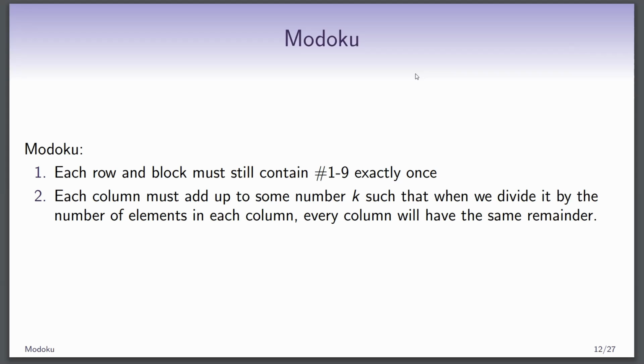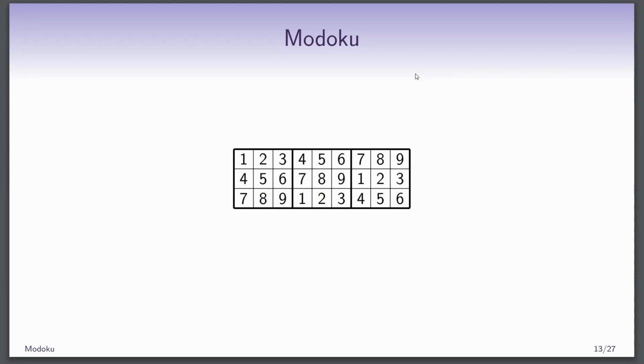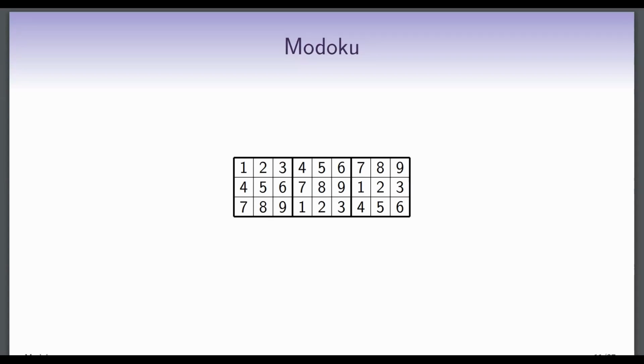So, for example, we'll look at this 3 by 9 grid, and we can see when we add the numbers 1, 4, and 7 in the leftmost column, they add up to 12. Going to the next column, 2, 5, and 8 will add up to 15, and 3, 6, and 9 will add up to 18.